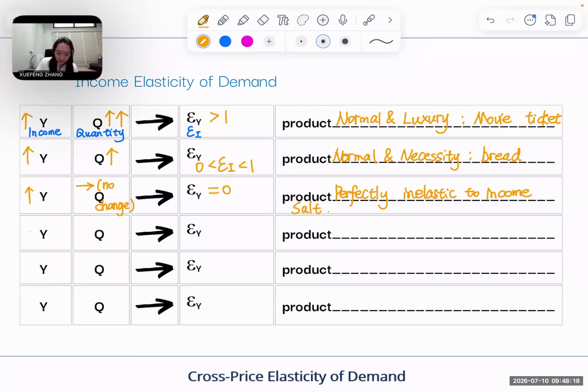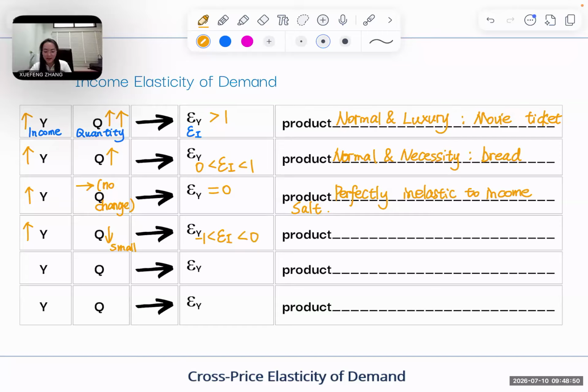Next one, if income increases but the quantity decreases, in this case it's a small decrease, a small amount of decrease. Let's see, in this case epsilon I is greater than -1 but less than 0.